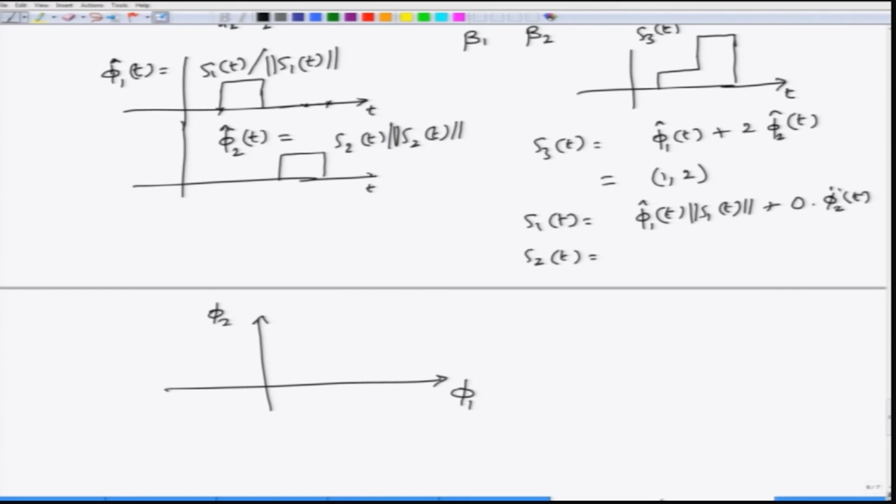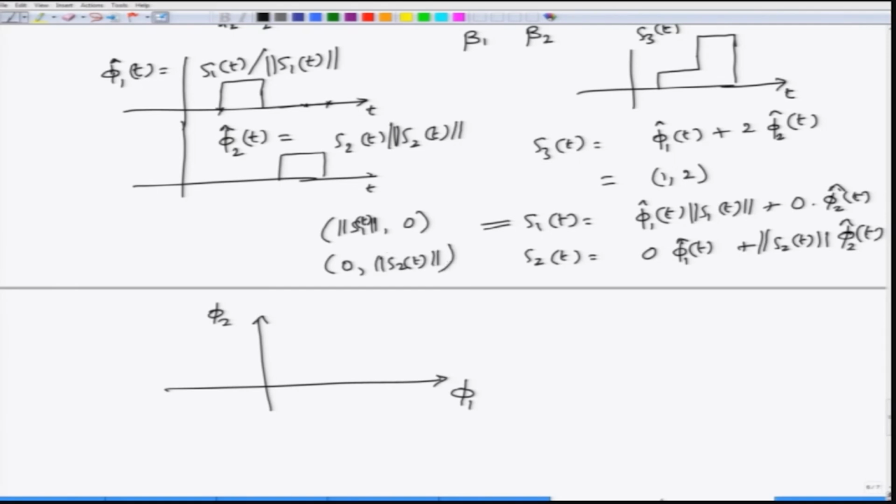And S2 of t would be 0 times phi 1 of t plus the norm of S2 of t times phi 2 of t. So, this can equivalently be represented by two numbers: the S1 norm, which would be a number, and 0. And the other can be written as 0 and the S2 of t norm.